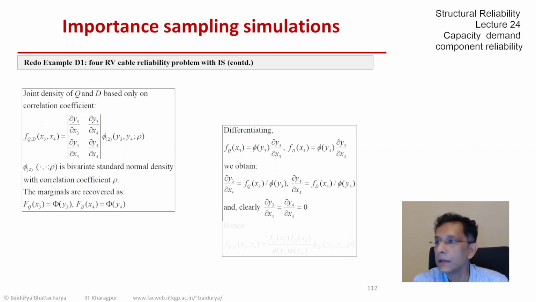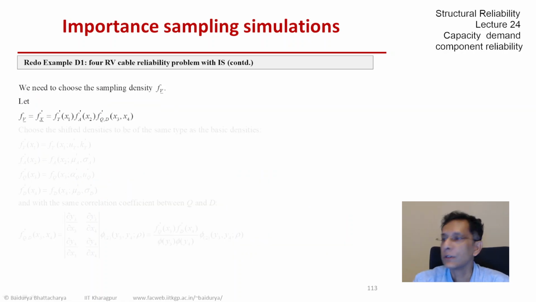So partial y3 partial x4, and partial y4 partial x3 are each 0, and that lets us write out the joint density function of Q and D in terms of the bivariate normal density function multiplied by a correction factor, which is the product of the marginal densities divided by the product of the marginal normal densities. This is something we are going to use when we do the importance sampling.